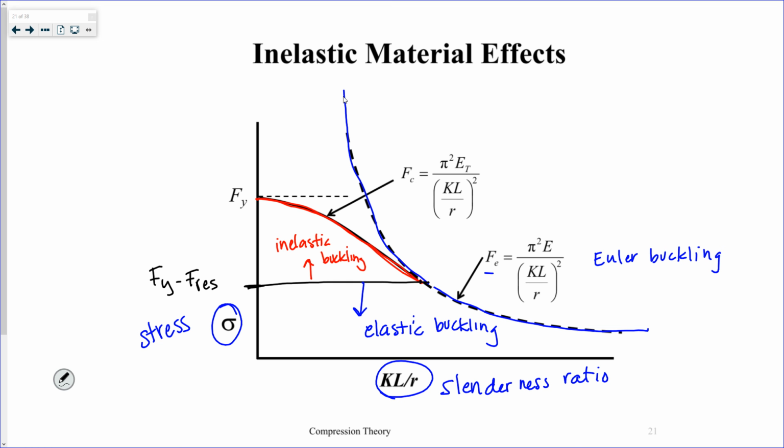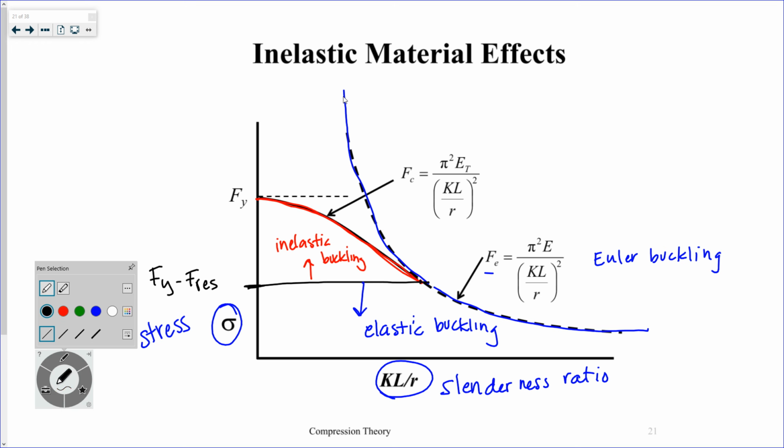I'm going to have yielding somewhere within the cross section, likely beginning at the flange tips. And in order to calculate that inelastic buckling curve, I use my tangent elastic modulus.